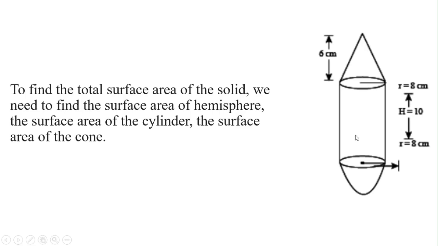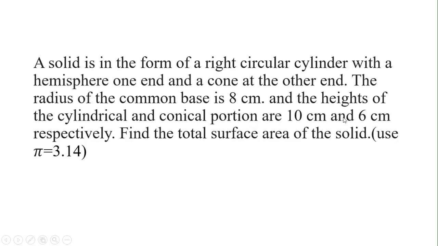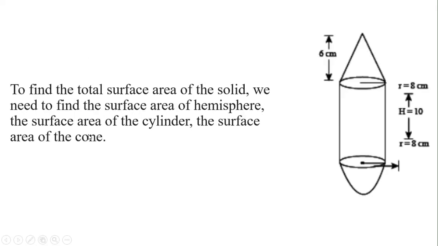This is common. The heights of the cylindrical and conical portions are 10 centimeters and 6 centimeters respectively. That means the height of the cylinder is 10 centimeters and the height of the cone is 6 centimeters. Only this information is given. We need to find the total surface area of this solid shape.